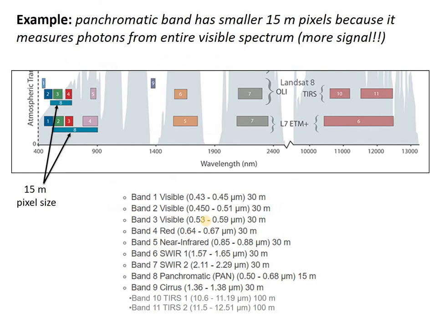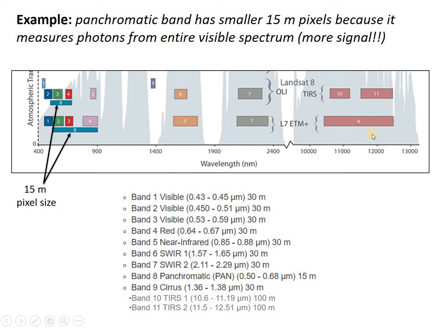So just to show you an example of how this plays out, here are the bands for Landsat 7 and Landsat 8. And notice a couple of things about this. In general, the bandwidth gets wider as you go towards higher wavelengths.